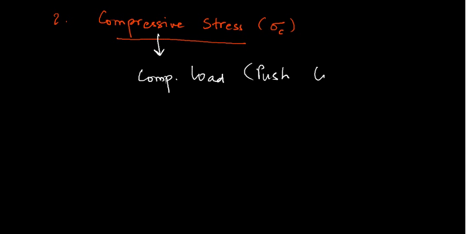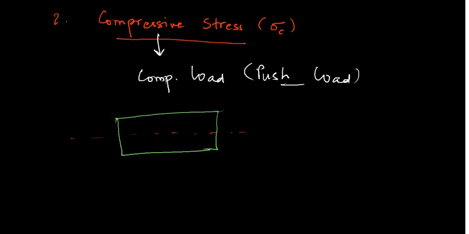Okay, so if I have to draw a diagram for it, it would be something like this. Let's again draw this bar, and let's not forget to draw the axis. Now it's pushing it, so it will be in this direction P, in this direction P. Now let us have the length for it.